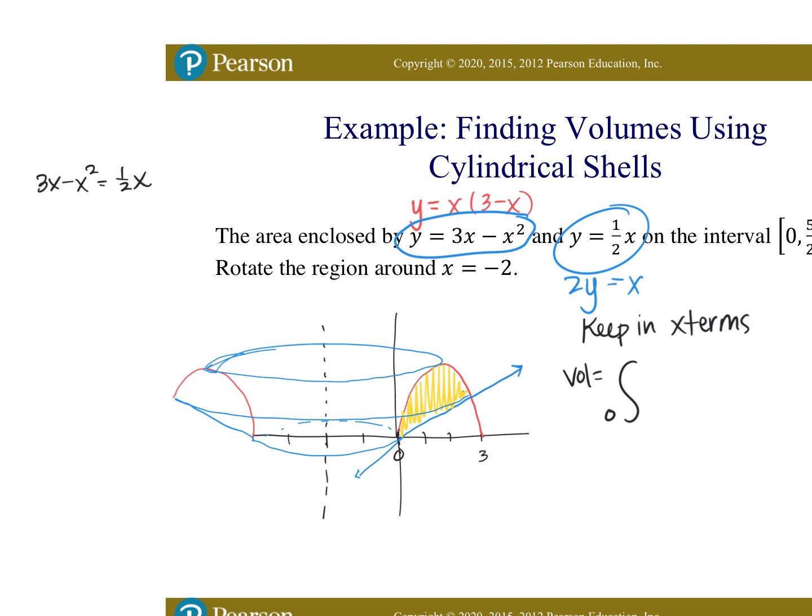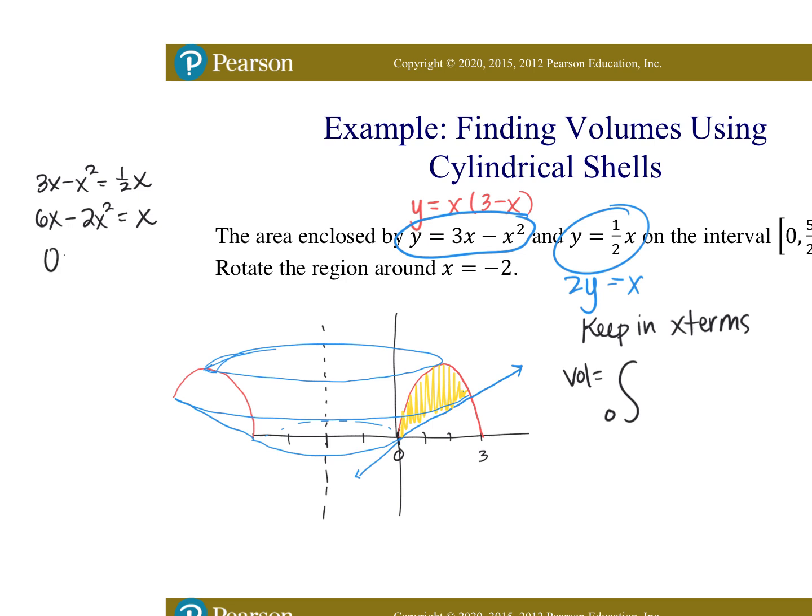I hate having a fraction. So what quick multiplication could I do to get rid of that fraction? Multiply everything by 2. That'll give me 6x minus 2x squared equals x. That's much better for me to work with. I still do want it set equal to 0.